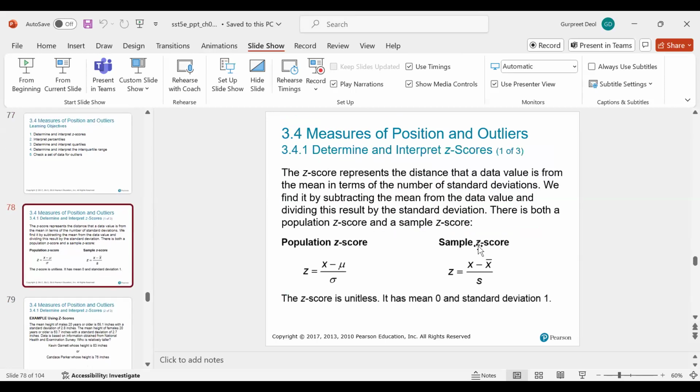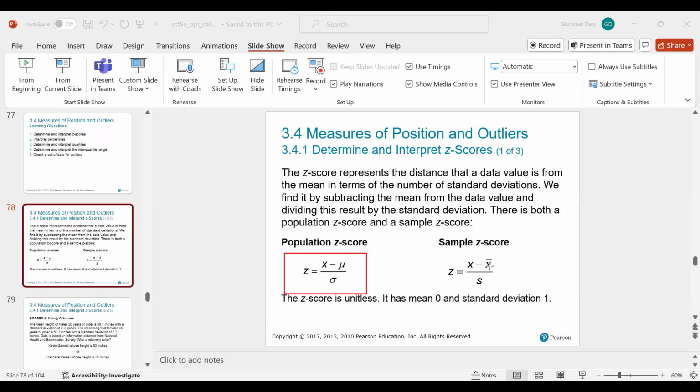The first and most important thing is the Z-score formula. If you take a look at my screen, there are two formulas, but they are basically the same. Z-score is X value minus the mean divided by standard deviation.